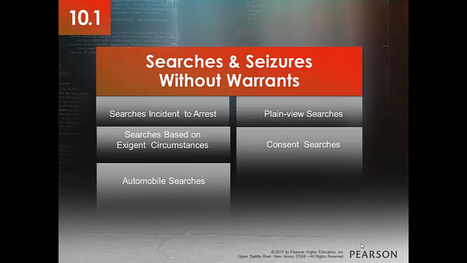The text describes these in detail, along with important landmark Supreme Court decisions on pages 154, 155, and 156. The box on the right of page 155 describes certain important definitions, such as the arm span rule, the protective sweep, the hot pursuit exception, and evanescent evidence, which is evidence that is likely to disappear quickly.